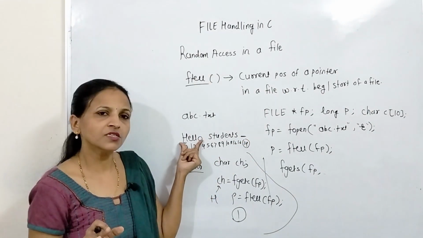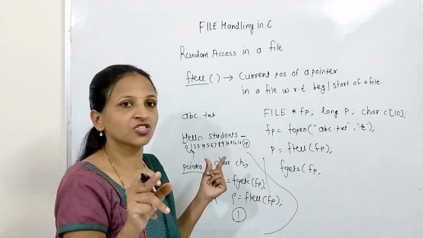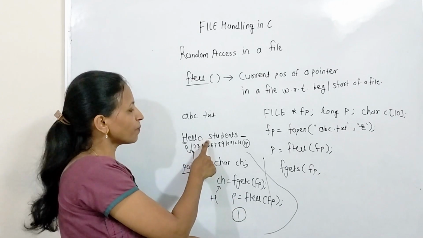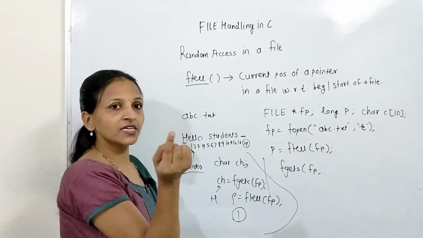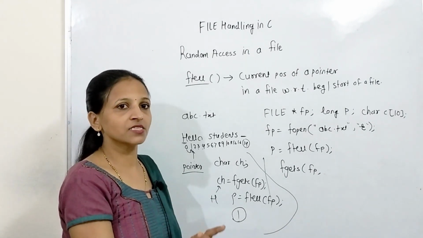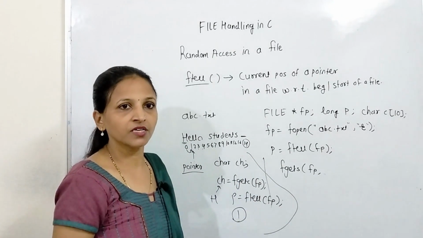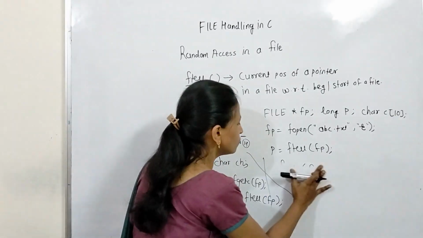I want to read only this part of the file. Then we can use the scanf function. Scanf will stop reading whenever it gets a space, because space and slash n are both considered terminators for the scanf function. fscanf works similarly, that's why we will use fscanf here.